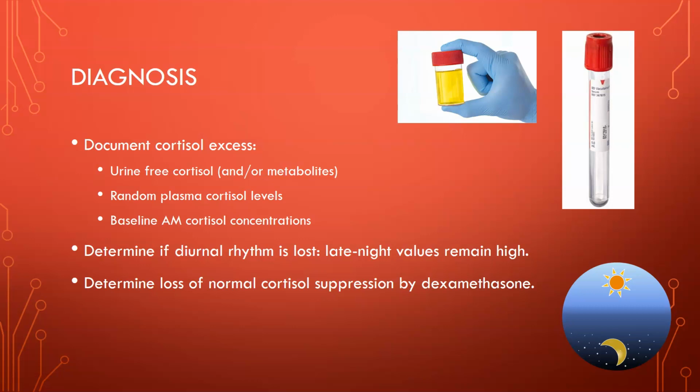Then after lunchtime or so, they start dropping steadily until evening, so your energy levels drop, and then they will be the lowest at the time when you go to bed, and then overnight you start rebuilding, and they should start rising again in the morning. So if your late night values remain high, then you could have hypercortisolism, because it normally should be dropping. And so you can determine the loss of normal cortisol suppression again by dexamethasone injection.